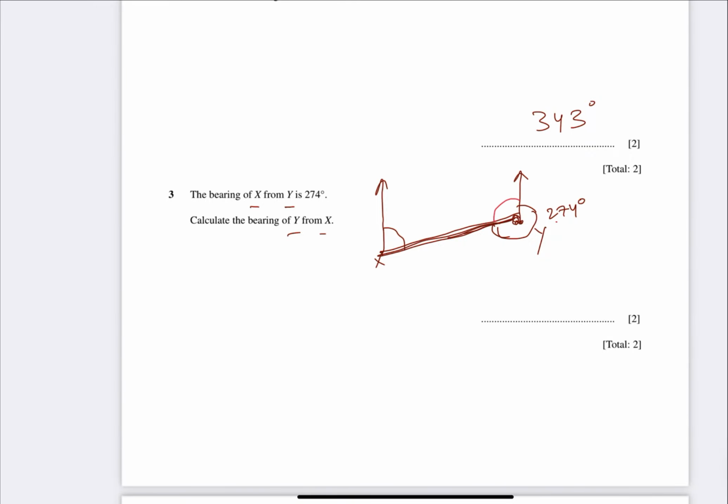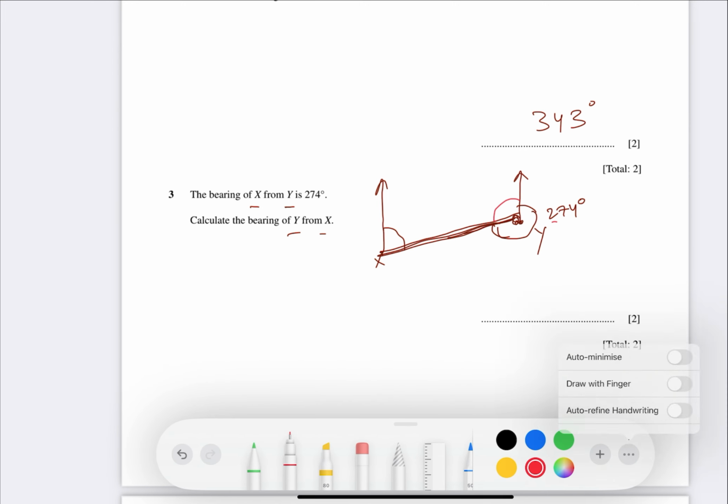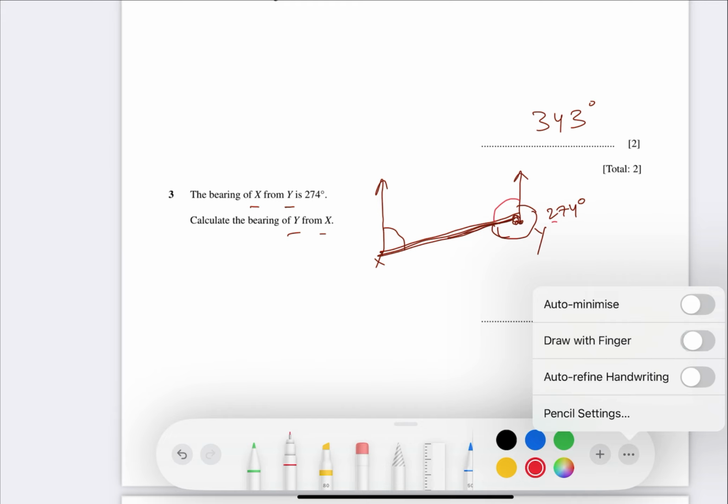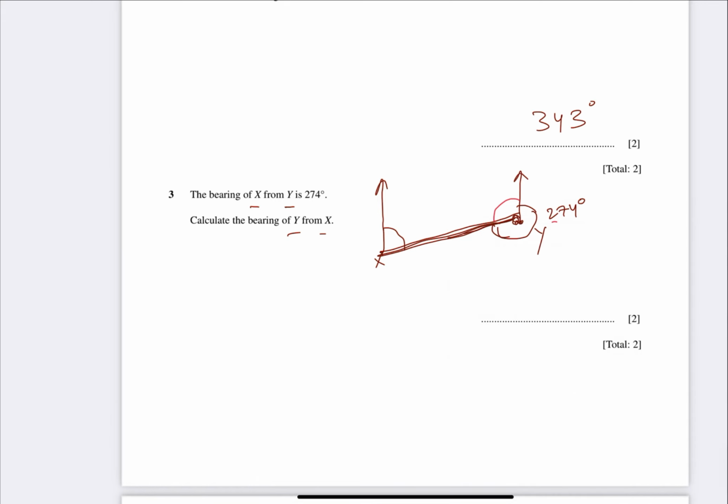Tell me: 360 minus 274. Say yes or no. Yes, sir, the value would be 370. One second, just a second. So how can we calculate this one?